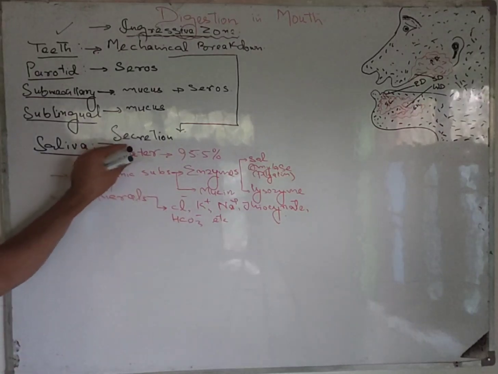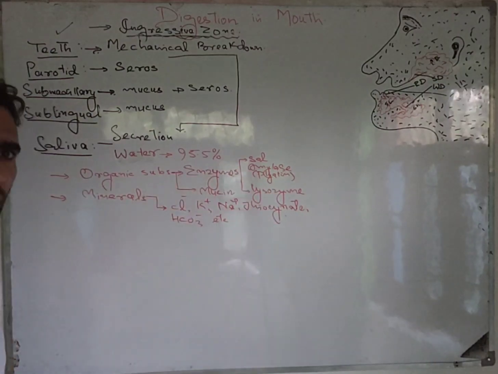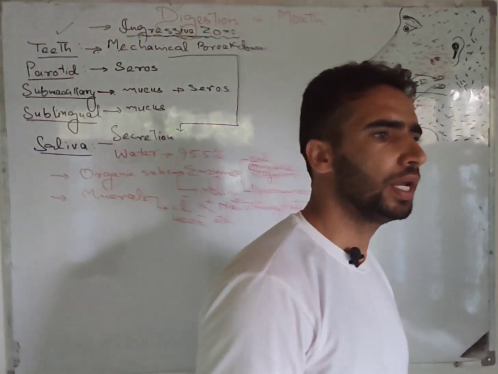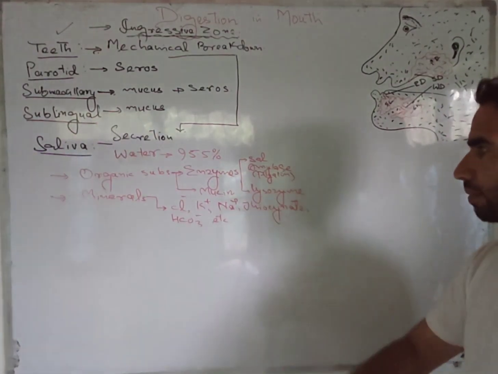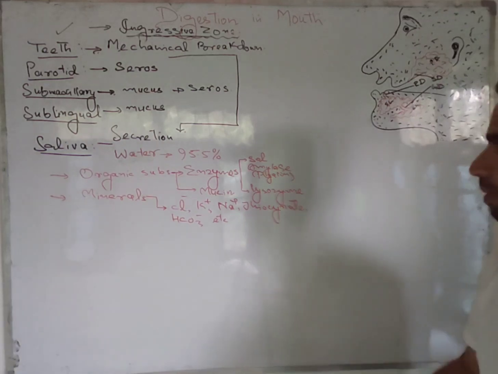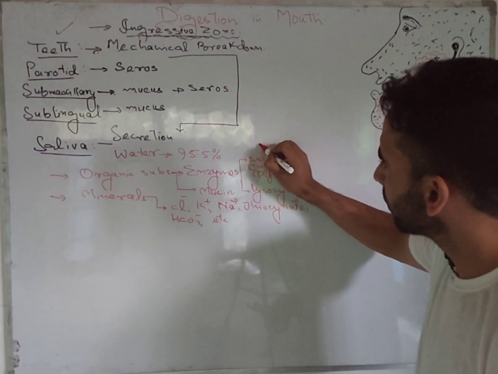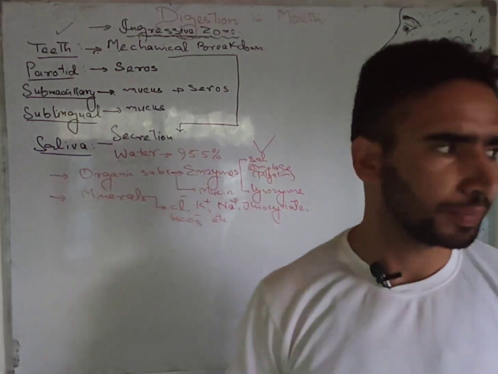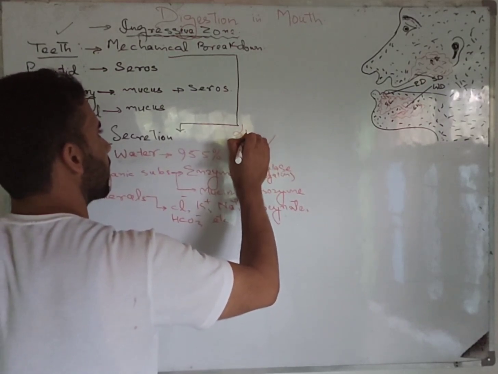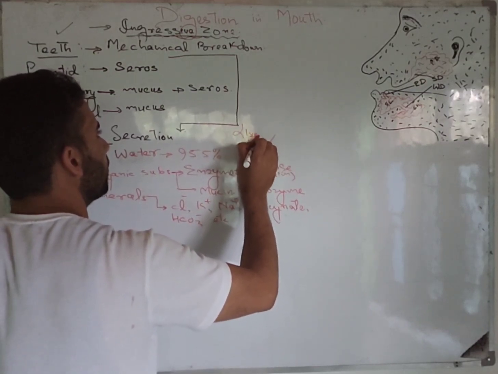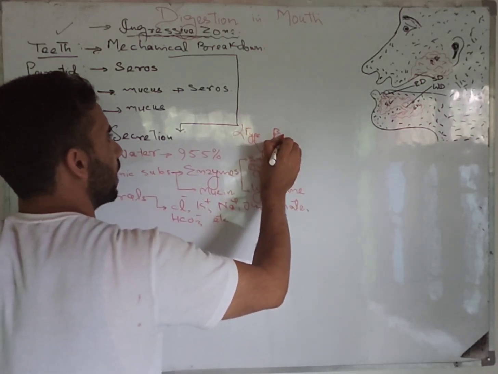So, saliva contains water, it contains organic substances in the form of enzymes and mucin, the enzymes being the salivary amylase or ptyalin and another enzyme, lysozyme. Here you should remember one thing: the salivary amylase in humans is present in two forms. Number one is alpha salivary amylase, and number two is beta salivary amylase.